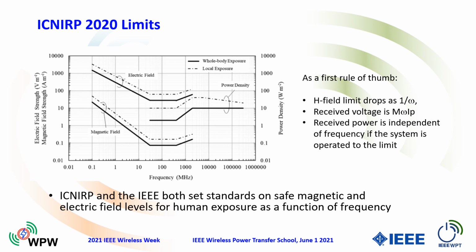And so as a first rule of thumb, the received power is independent of frequency if the system is operated to the ICNIRP limit. In other words, as long as I'm on the part of the curve of this limit diagram where the magnetic field is dropping off as 1 over omega, then I should be able, at every point on that curve, by operating at that limit, even as I sweep the frequency, to get the same power throughput in a wireless power transfer system.